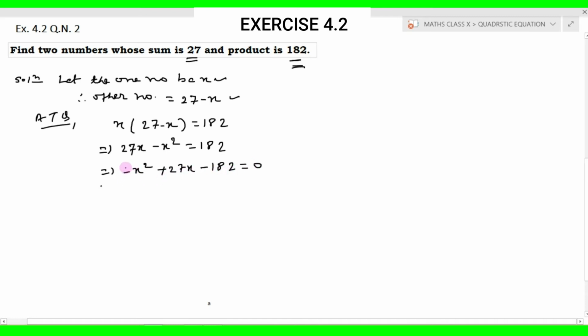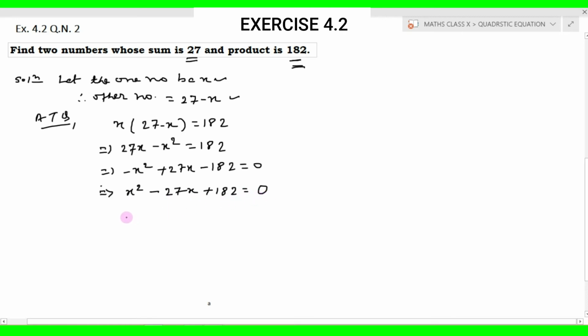But here we have got the coefficient of x² negative, so for convenience it will be better for us to make this positive. So multiply both sides by minus: minus into minus plus x², minus into 27x gives -27x, and minus into minus plus 182, and this is equal to 0, since minus 0 is always 0, neither positive nor negative. So now this is our standard form of the quadratic equation.